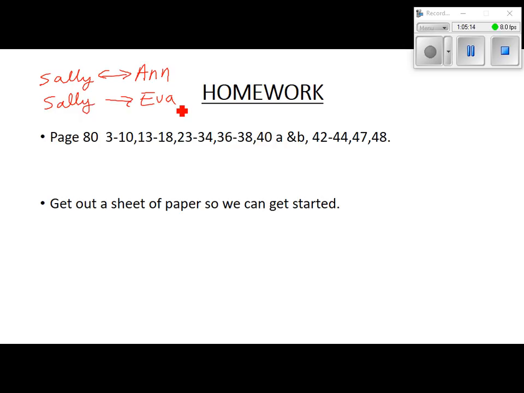Even if it was just Sally, Ann and Sally, Eva without the biconditional, couldn't you combine those and make it Ann and Eva? Not necessarily. But could it be a possibility? Maybe, but it's not a conclusion that we can draw from it. Okay. Because there's going to be, I don't know if I can think of one right off the top of my head.